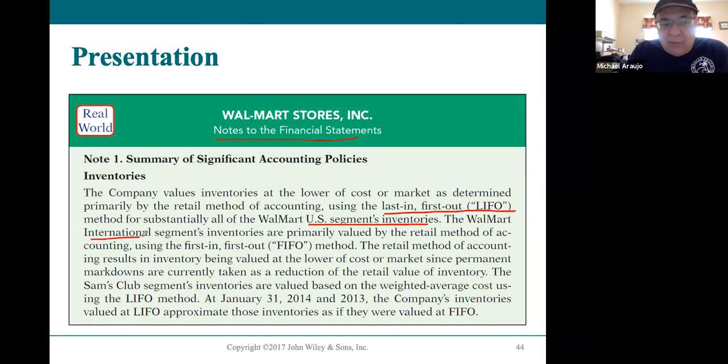They have stores in many different countries. They use a different method for their international stores. They use FIFO. But for the US stores, they use LIFO, the last one in as the first one they cost out. And so that's basically a disclosure that all public companies must make.